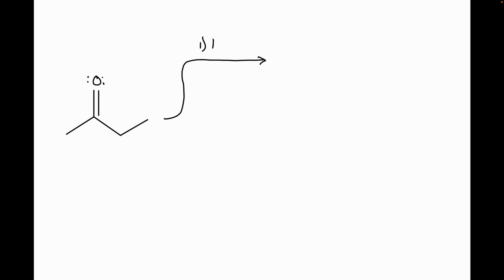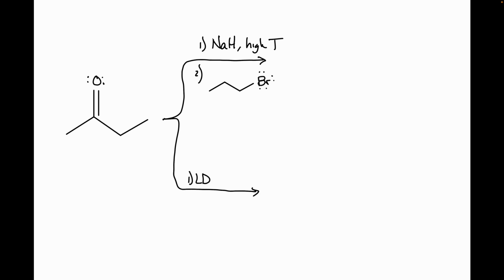In the first, we're going to add sodium hydride at high temperatures, followed up with our electrophile here, 1-bromopentane. And in our other sample, we're going to take that same butanone, but use LDA at low temperatures, and then add in that same electrophile.